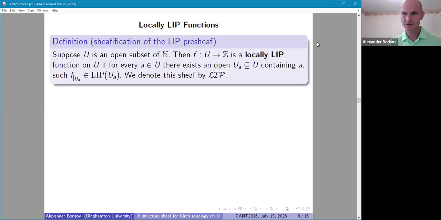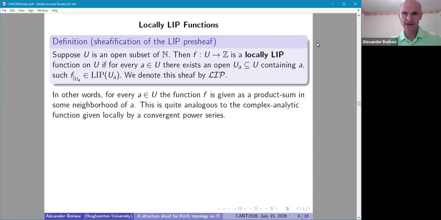Suppose U is an open subset of N in Kirch topology, everything here is in Kirch topology. Then a function from U to Z is called locally lib if for every element in U there is a neighborhood of it on which the restriction of the function is lib.